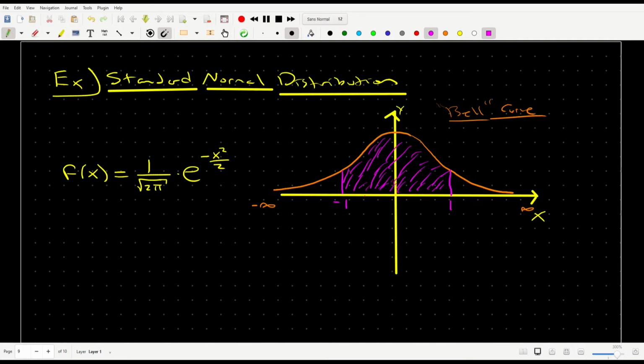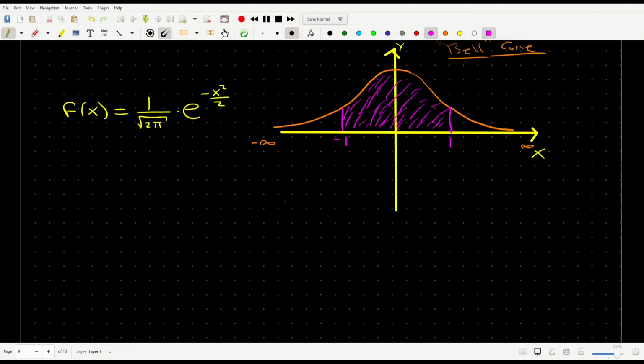We need the definite integral of the normal distribution from negative 1 to 1 if we want the probability that a normally distributed random variable falls between negative 1 and 1. So the problem is figuring this out, because there is no nice closed form solution for the antiderivative of this function.